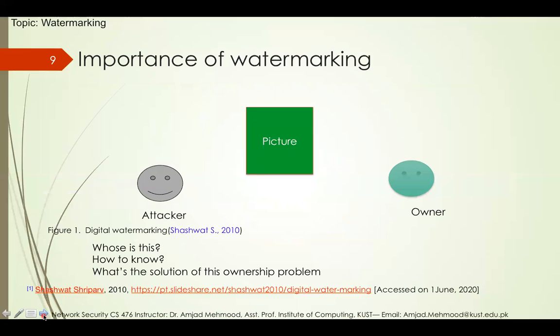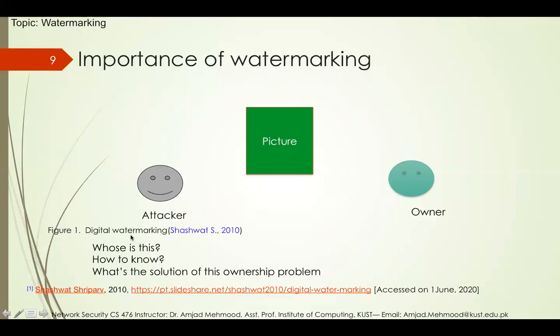Now, first of all, what is the importance of watermarking? For example, if you assume that this is a picture, and an attacker says this is mine and the owner says this is mine, now there is a conflict of interest. How will this conflict be resolved?